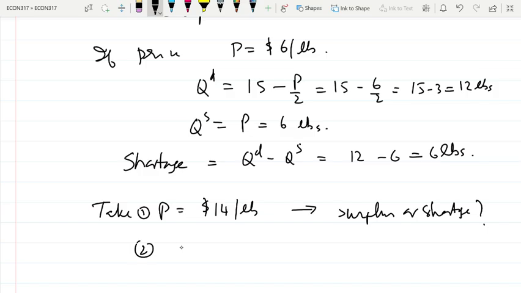For the second one, take the price to be $9 per pound, and again find whether it will lead to a situation of surplus or shortage, and what the quantity would be. And this is a good point to stop.